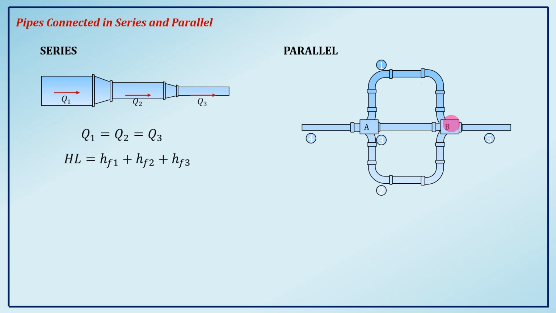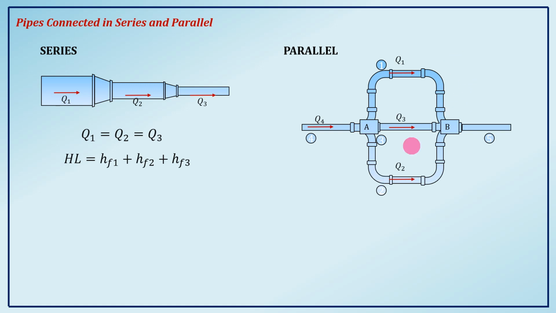Now, what will be our equation here? When it comes to the Q, for example, we have a flow rate coming in from point 4, and it branches out into 3. Meaning this Q4 will be divided into 3. Not necessarily equal to 1/3 each. It depends on the cross-section of our pipelines, so it is not really 1/3.